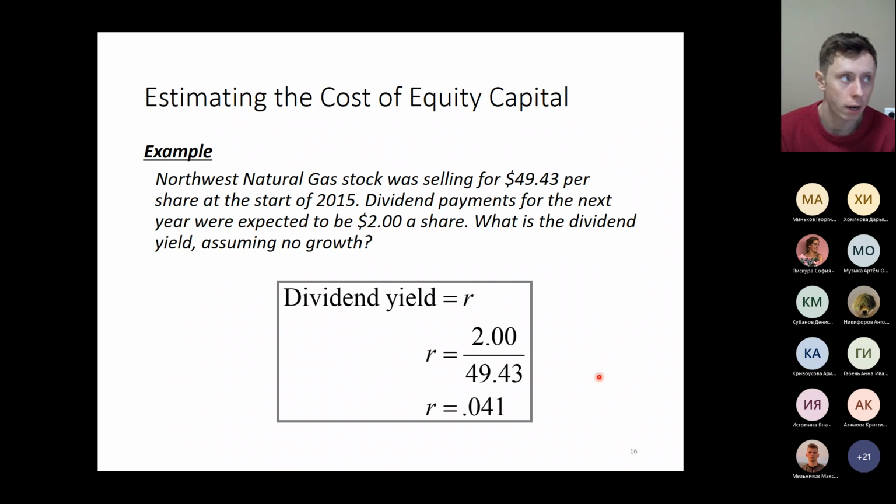Please keep in mind that this perpetuity formula, both growing and ordinary perpetuity, is based on the assumption that the first cash flow, the first dividend, would be made at the end of the period. By default, we talk about years.